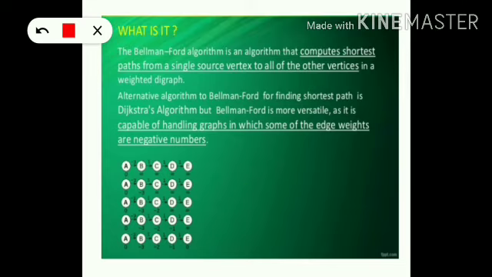So it means that in case we have a graph with vertices A, B and C such that the cost of the edge from A to B is 16 and the cost of the edge from B to C is minus 3, and there is an edge from A to C which is equal to 18.